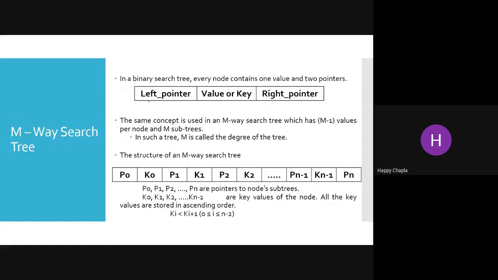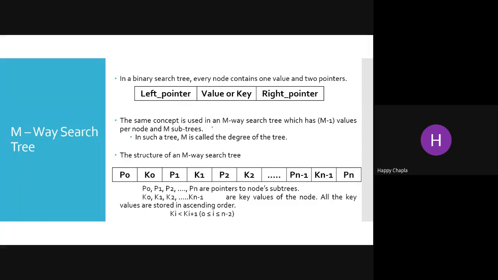Now in a binary search tree, every node contains one value and two pointers. This is your one value. Now we are trying to say that value as a key, and it has one left pointer and one right pointer.